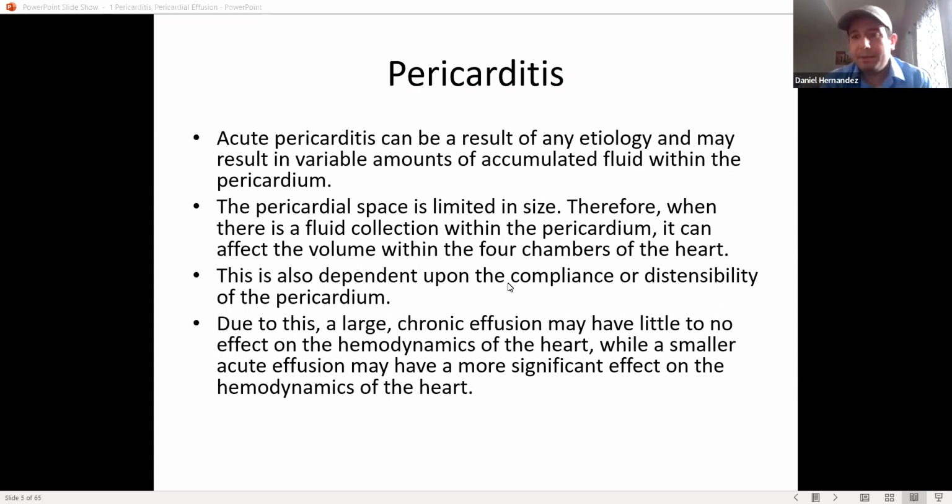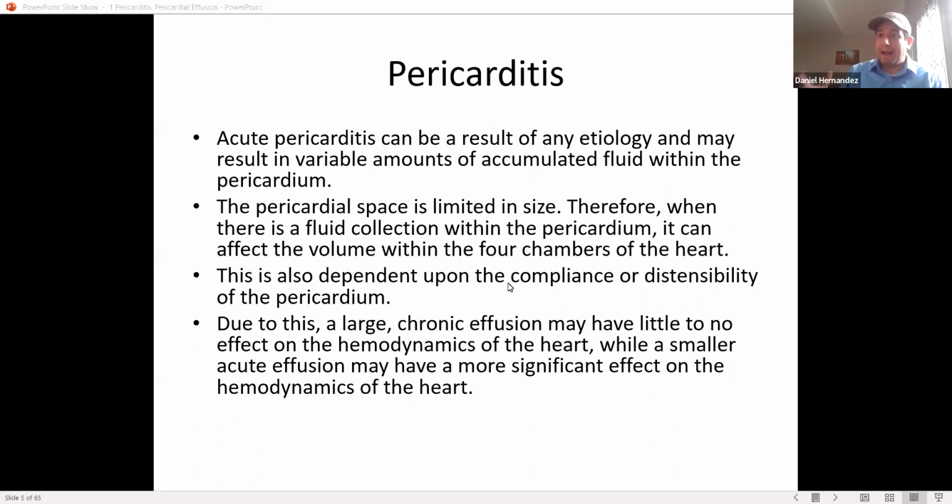So I'm just going to pause for a moment right there to let you guys digest and understand that statement. Basically, when we're looking at pericardial effusions, it isn't necessarily the amount or volume of fluid that we're seeing that's going to have a direct impact on the functioning of the heart. It has to do with the rate at which that fluid is accumulated.